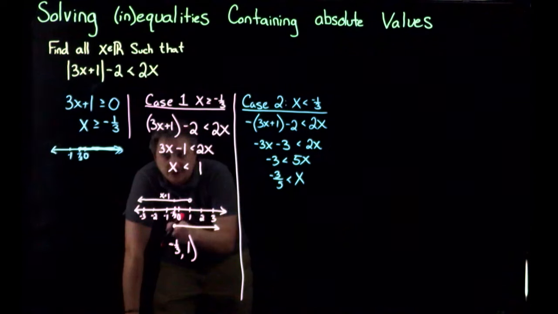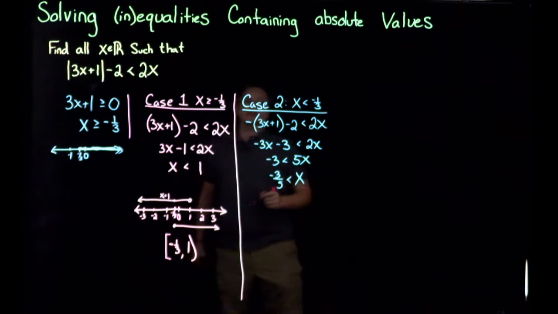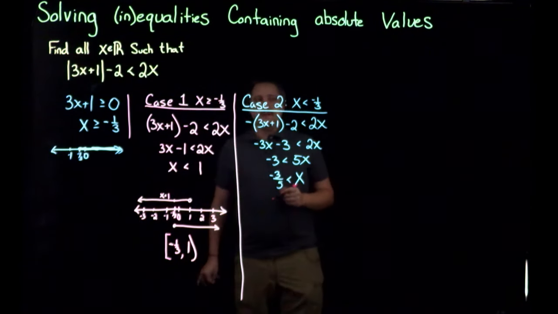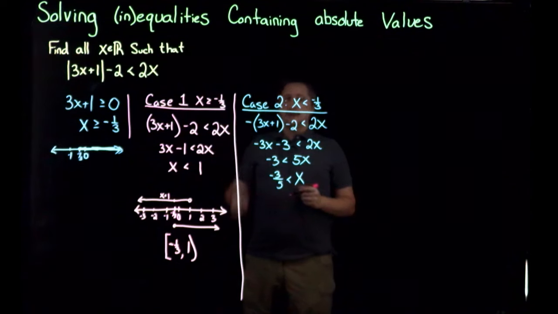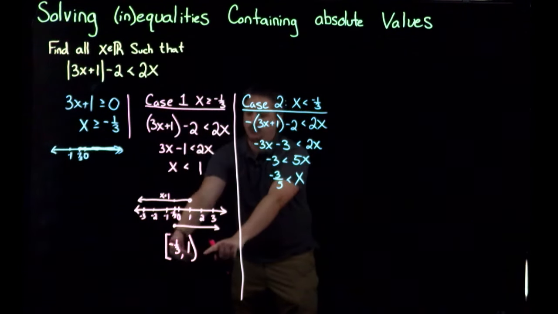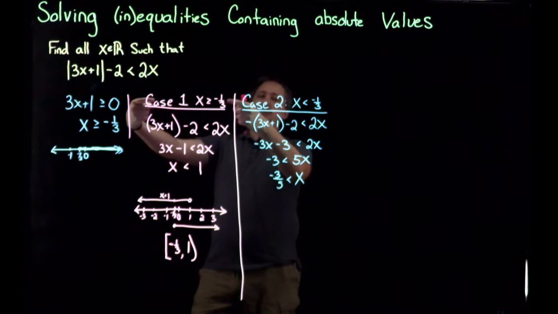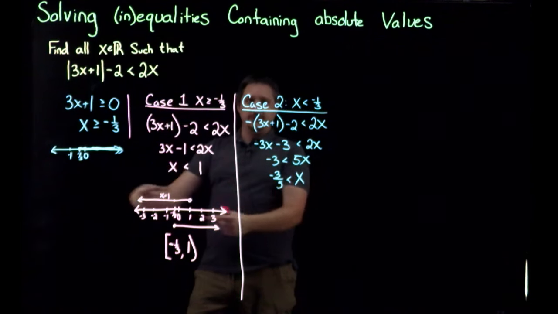But it does have the closed circle over here, so it does include negative 1/3. Okay? So this then is the solution for case 1, because I got this from the actual algebra, but I also have to account for this assumption. That's why I need both of these.